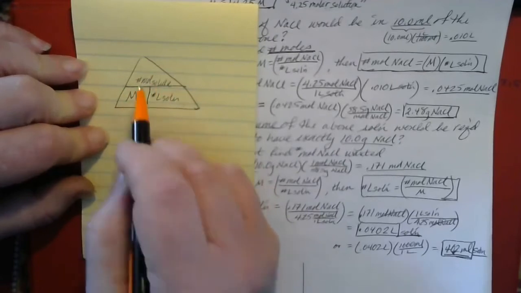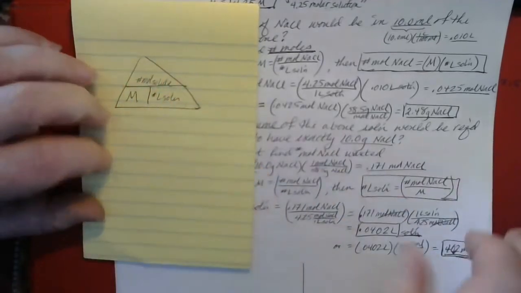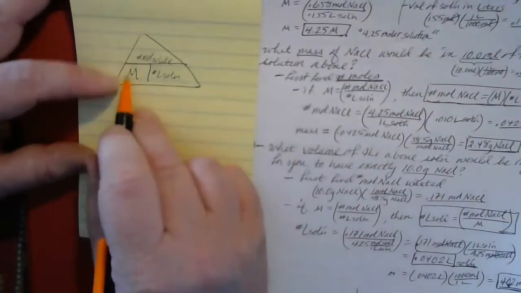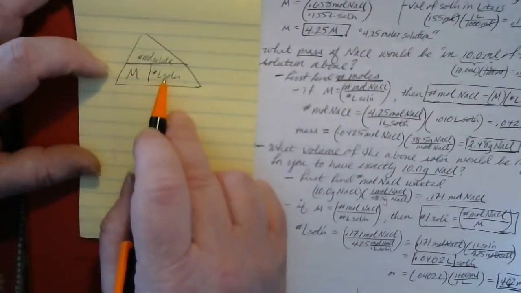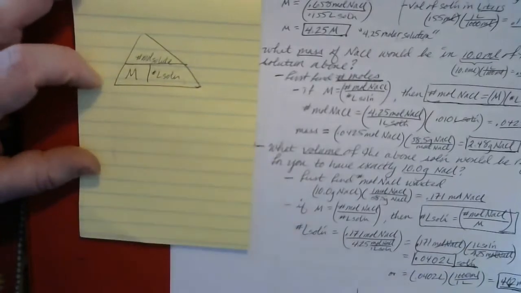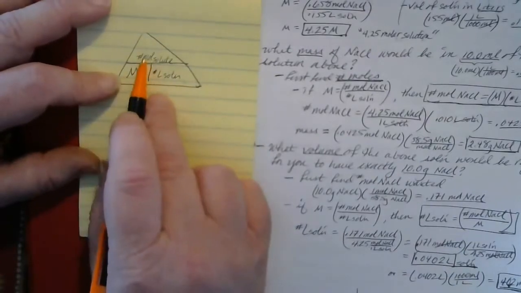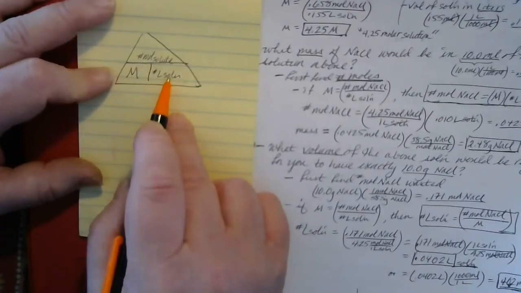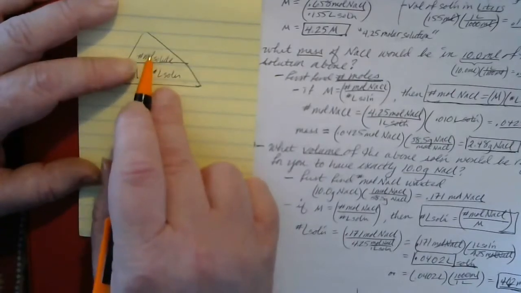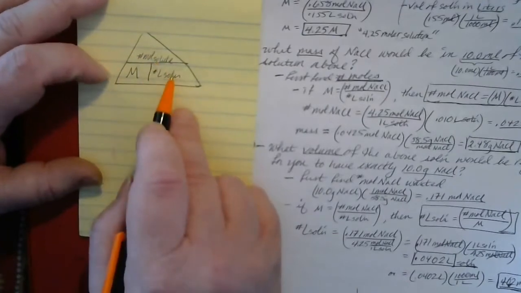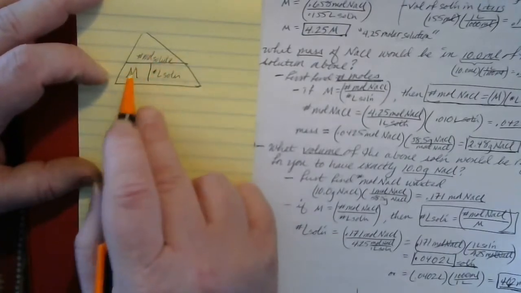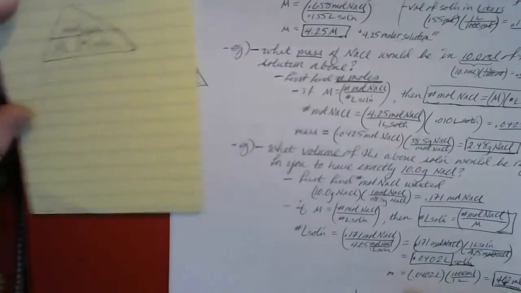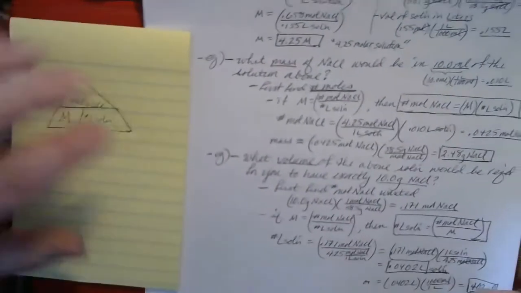Anyway, setting up a little pyramid or a triangle like this helps you rearrange the equation. So now if you know, say, the molarity and the volume of solution, the number of moles is just molarity times the volume of solution. If you know molarity and moles of solute, then the volume of the solution would just be moles of solute over molarity. And that's what we're going to take advantage of in the next couple of examples.